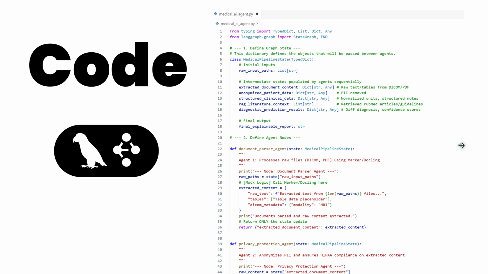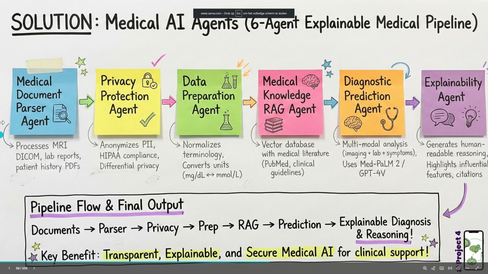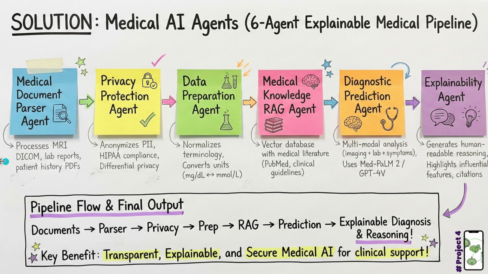Giving you a sneak peek at the code, you need to start building that, for example, with LangGraph. You give classes, and then start with parsing the documents. The way we build it is by parsing those documents, so MRI, patient history, any kind of data about the patient, then anonymization because of the privacy of the patients, and some preparation of the data. You can imagine that there are lots of terminologies and we need to convert units.